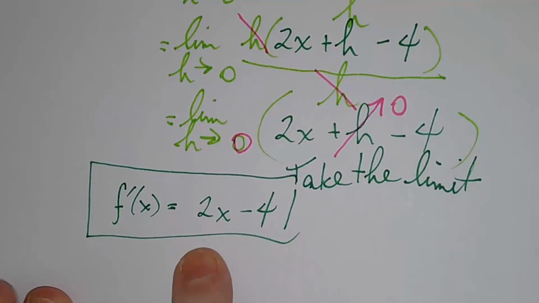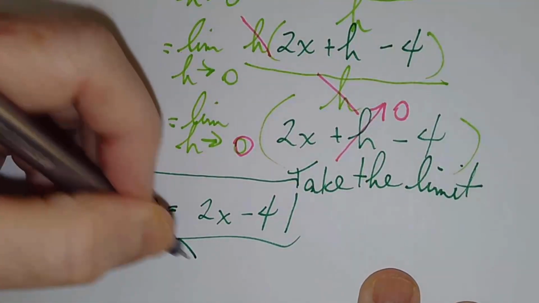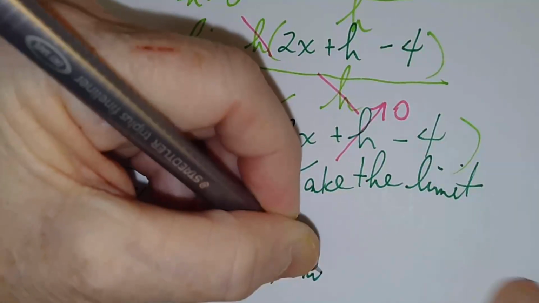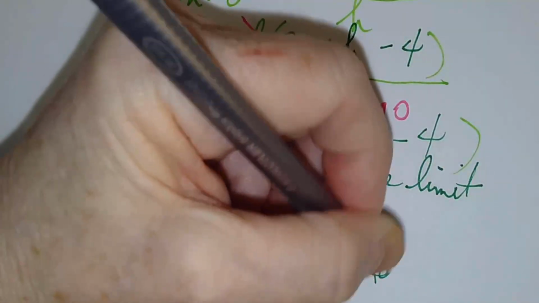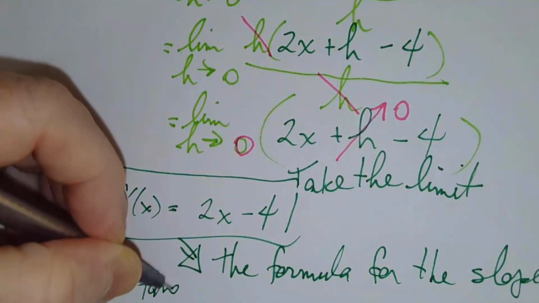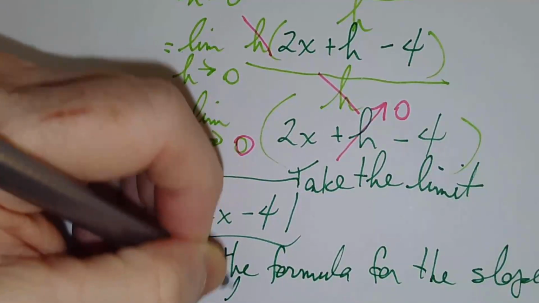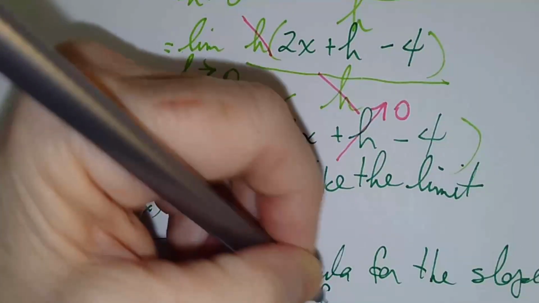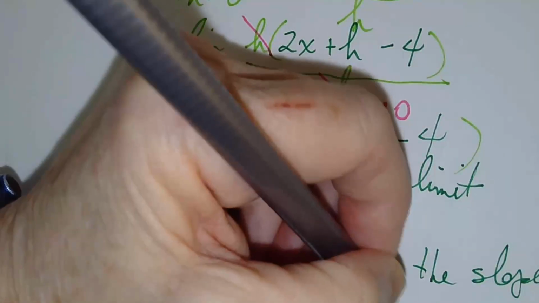The derivative is the formula for the slope of the tangent line to f of x at any x value.